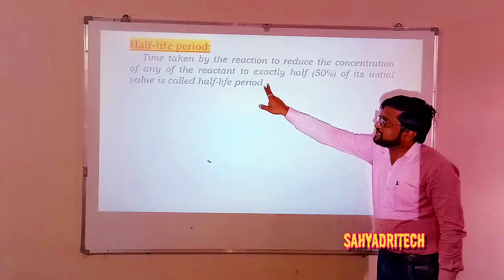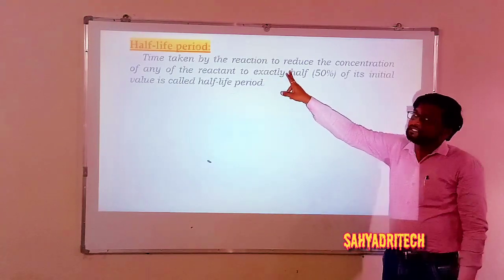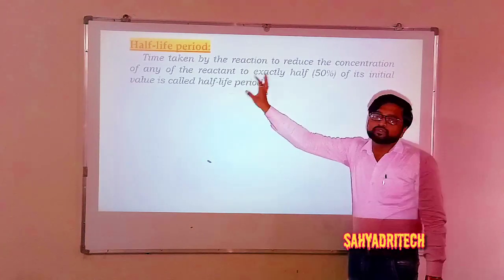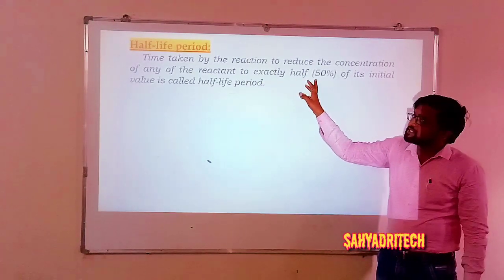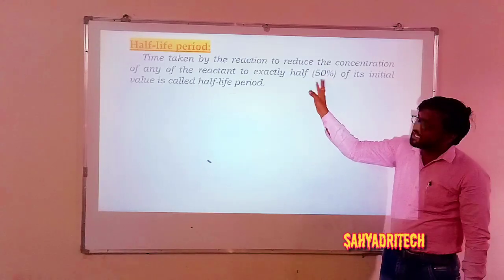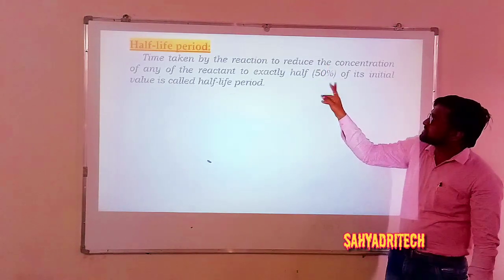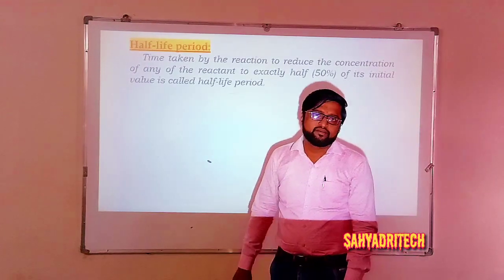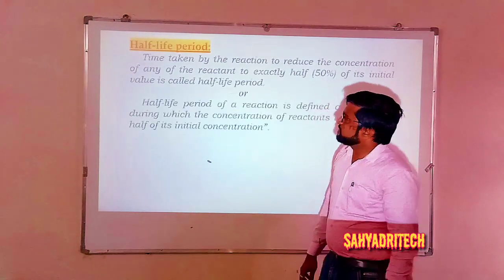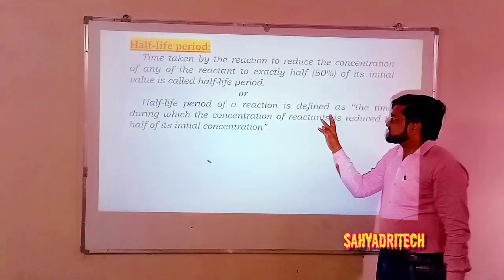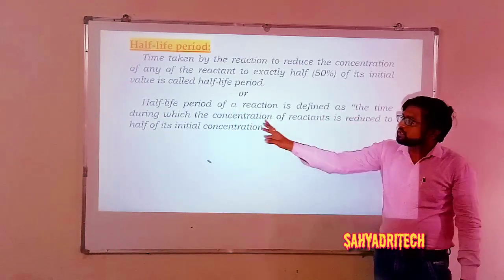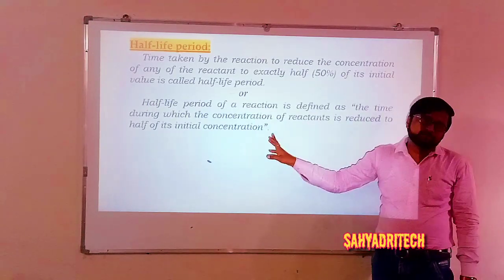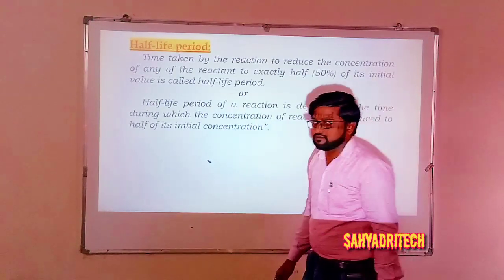So what is the definition? Time taken by a reaction to reduce the concentration of any of the reactants to exactly half of its initial value. Half means, even I can say, 50% of its initial value is called half-life period. Another way of defining half-life period of a reaction is the time during which the concentration of reactant is reduced to half of its initial concentration.